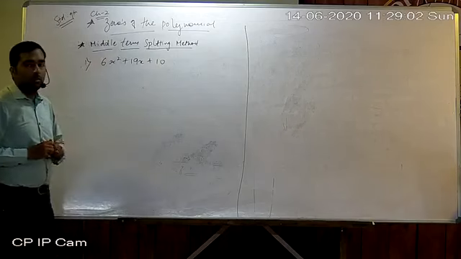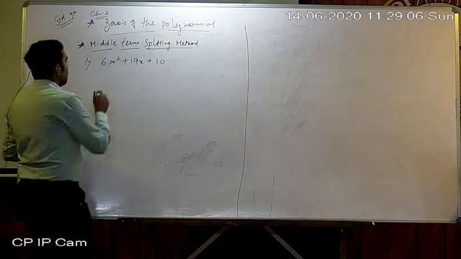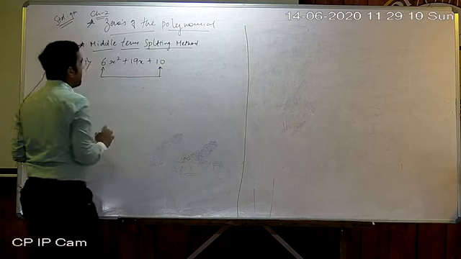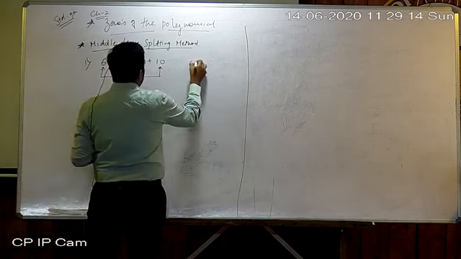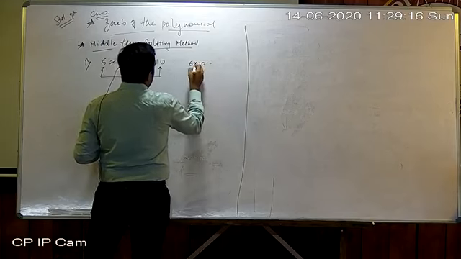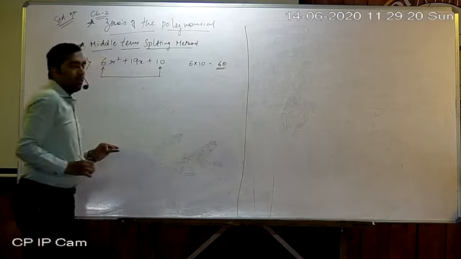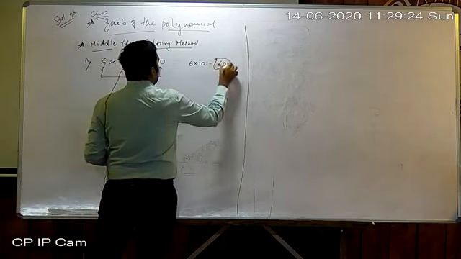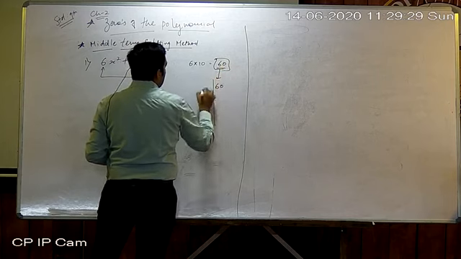Okay, students. As I told you, we must multiply the first and last terms. So when we multiply, my answer is 60. After multiplication, you have to factorize it by prime factorization.